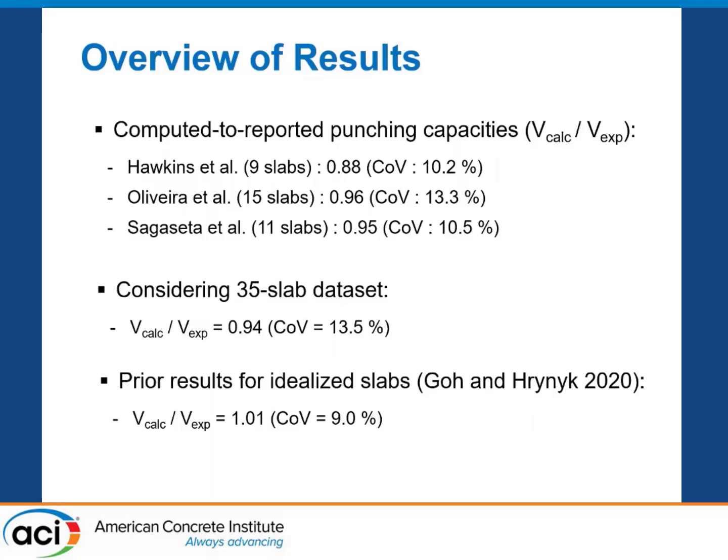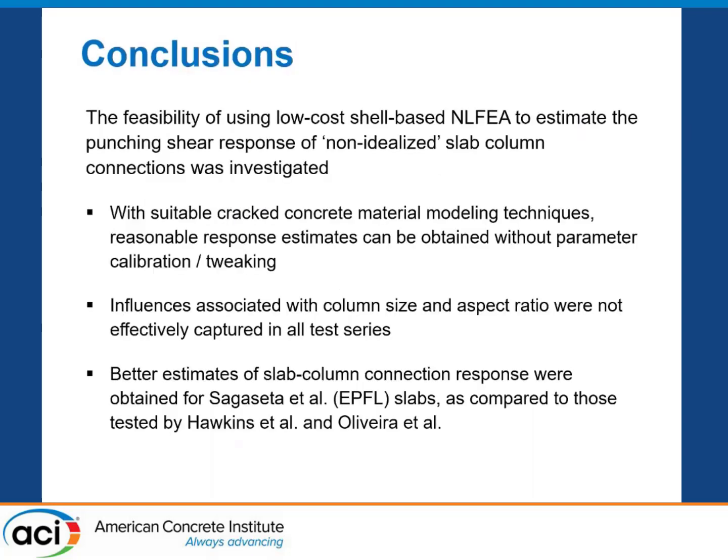When you look at the total set, it had a calculated to experimental ratio of 0.94 for the mean, and 13% coefficient of variation, which is not as good as what we got before with idealized slabs, which was right on the money with a mean of 1 and 9% variation, but not horrific.